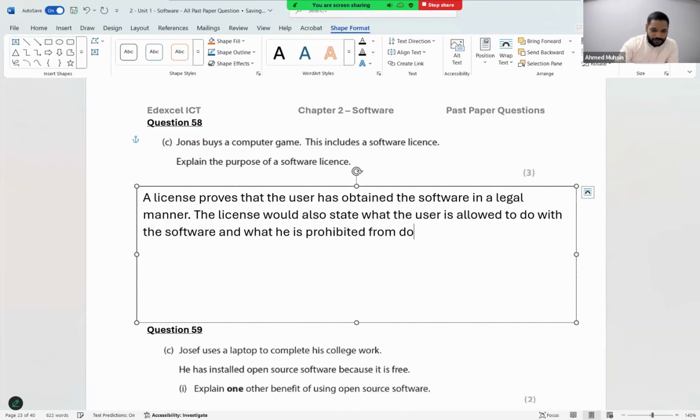So the license would say whether you're allowed to modify it or not. These terms and conditions would be there. Something else to get 3 marks? Using a software without a valid license makes you guilty of software piracy.